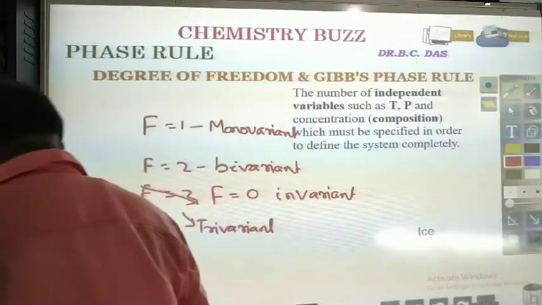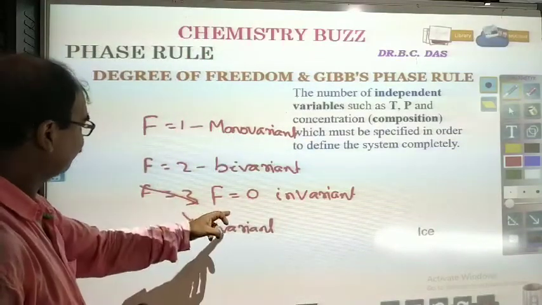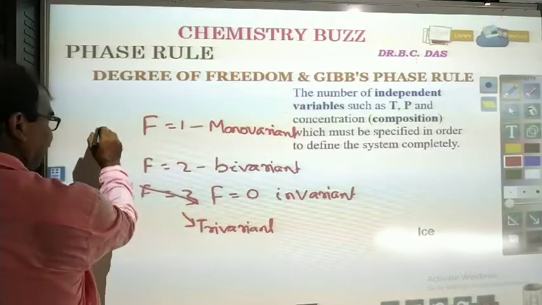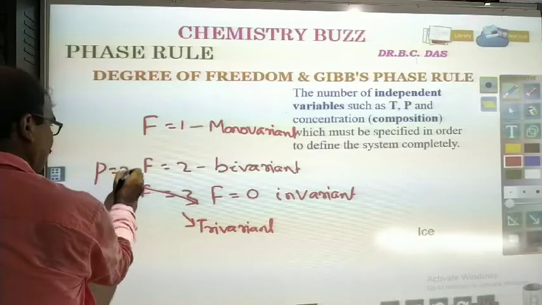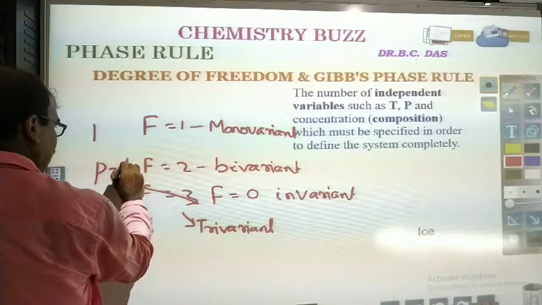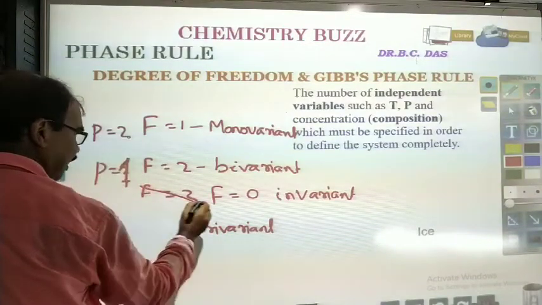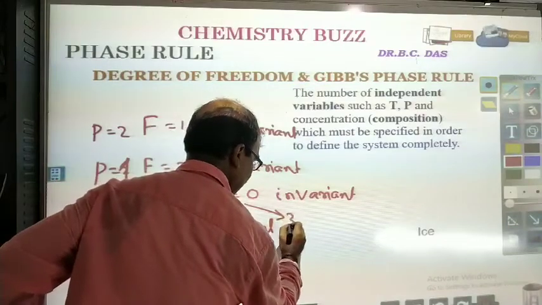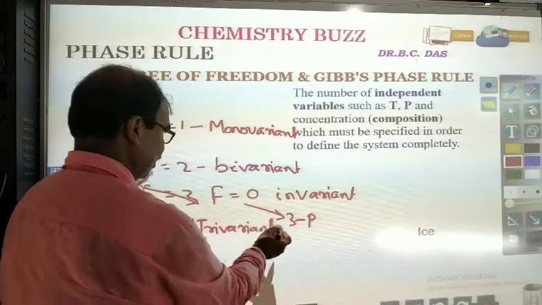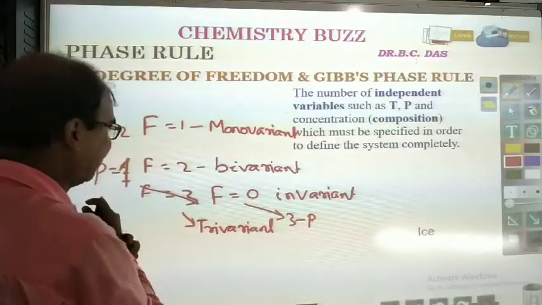So here what we have seen: here P is equal to 1, here P is equal to 2, and here P is equal to 3. So what we have seen is that when the number of phases increases, the degree of freedom decreases.